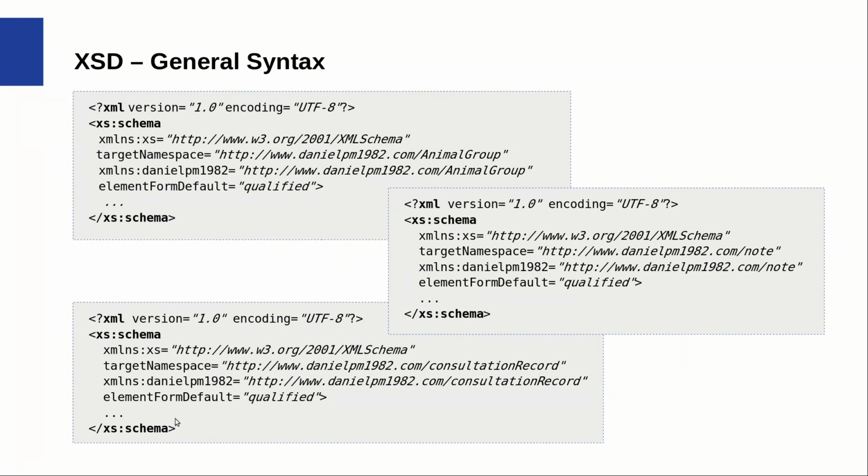And here is a third and last example with a prologue with a schema element declaration, and as attributes of that schema, the default W3C namespace associated to the xs prefix. As the target namespace, this URI here, ending with consultationrecord.